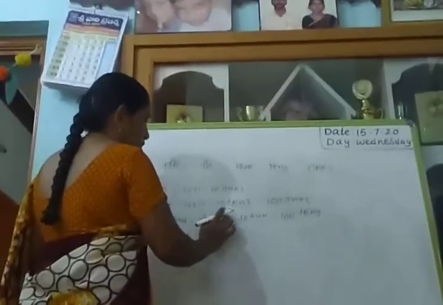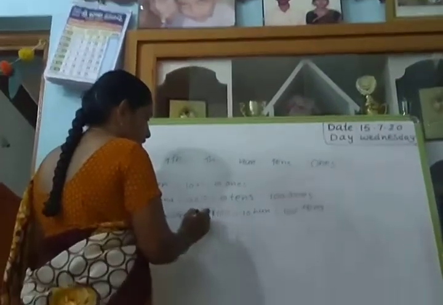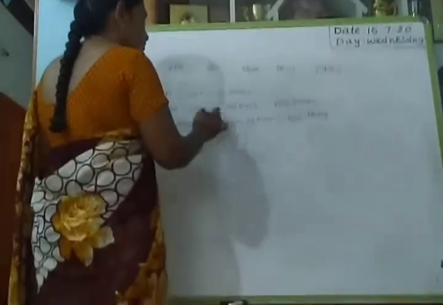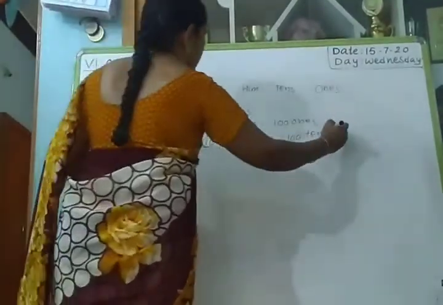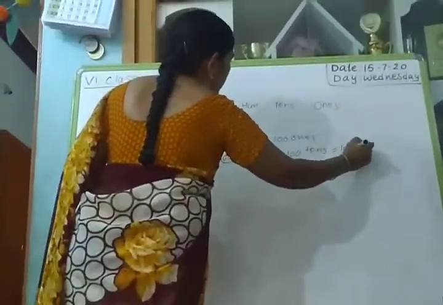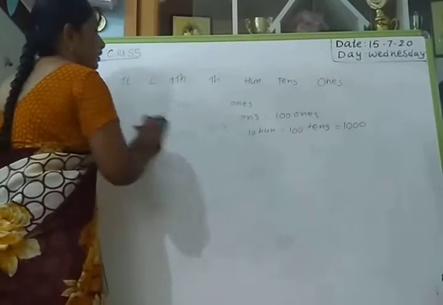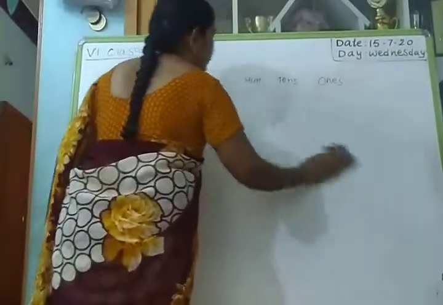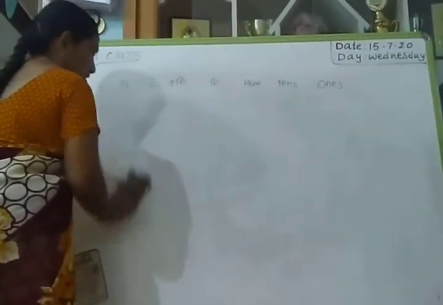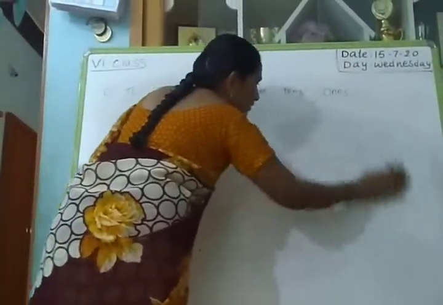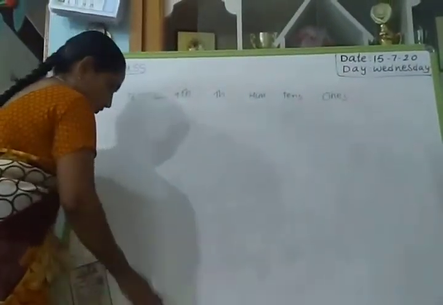So how many hundreds are there in 1000? 10 hundreds. How many tens are there in 1000? We have to take 100 tens. How many ones? 1000 ones. Like this we can write. They will ask some questions like this. Sometimes they will ask these questions in the examination.